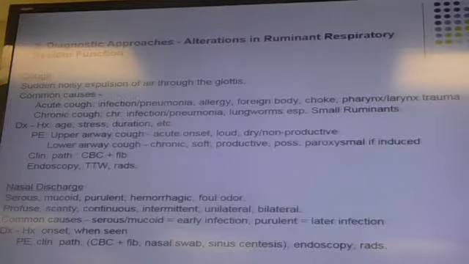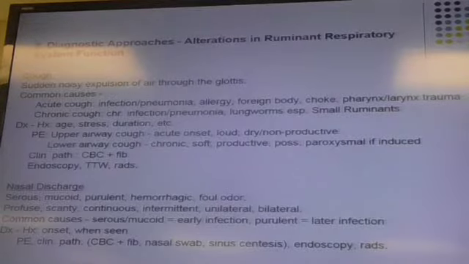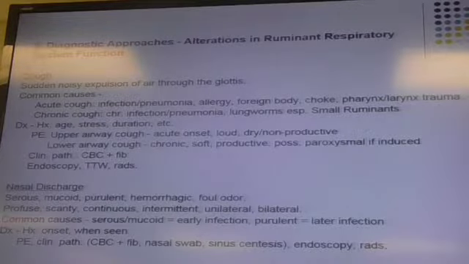So that would help you to determine that you're dealing with that virus. Otherwise, you probably wouldn't routinely use a nasal swab, especially later on in the course of the infection, when you have a big purulent nasal discharge. Everything's probably diluted out anyway, so you probably wouldn't get a good culture if you submitted that nasal swab.